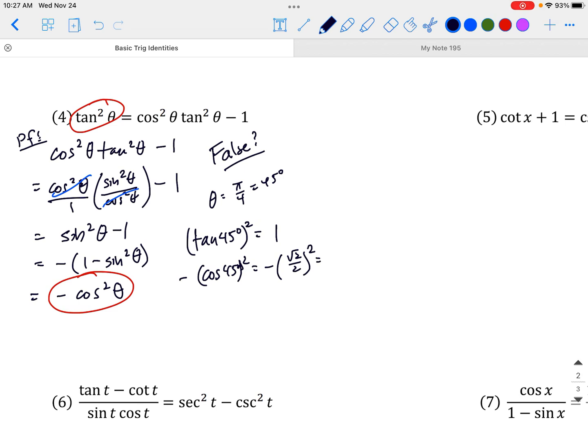But radical 2 over 2 squared is 2 over 4, or 1/2, so we get negative 1/2. So we can see clearly these are not equal. So this identity is false.